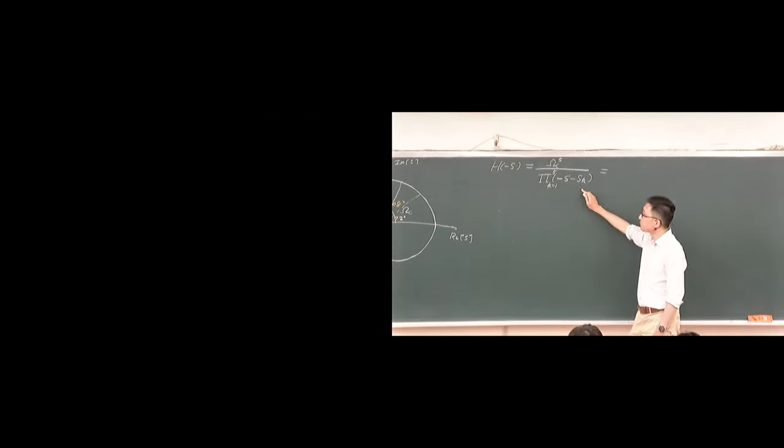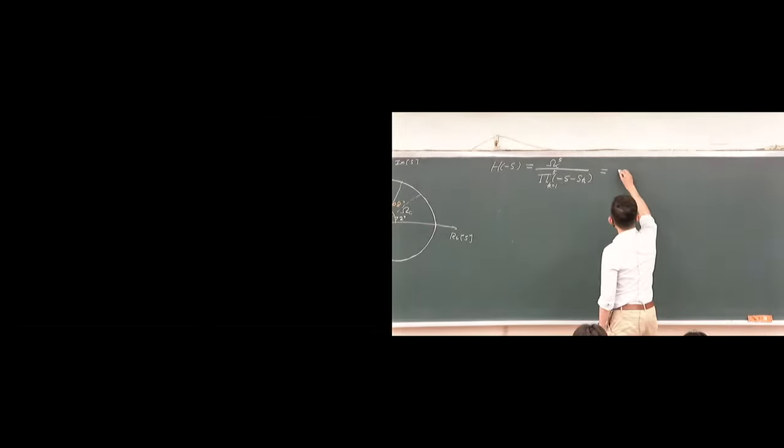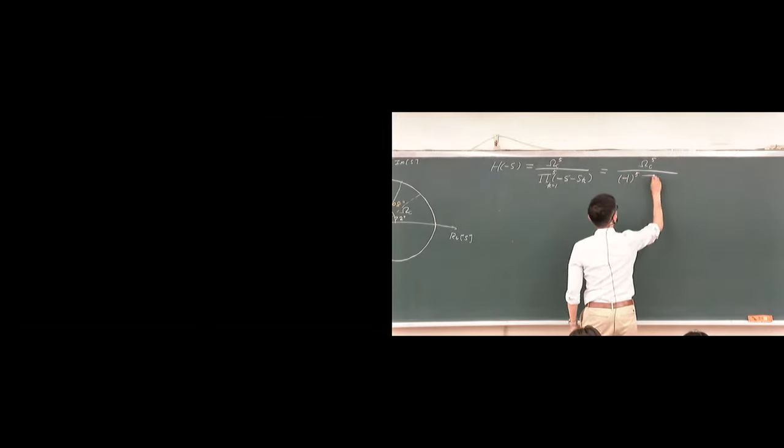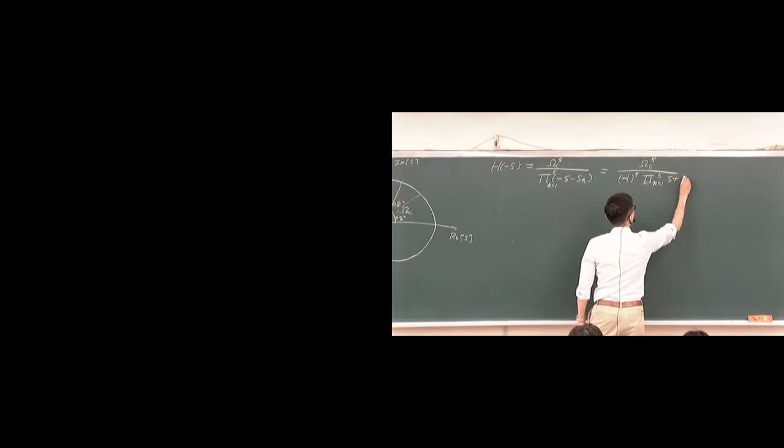Can we do that? Yeah. So I'm going to keep the top part, but create minus 1 to the fifth power, and then inside, the product, still going from 1 to 5, becomes s plus sk. Just moving that minus 1 to the outside.